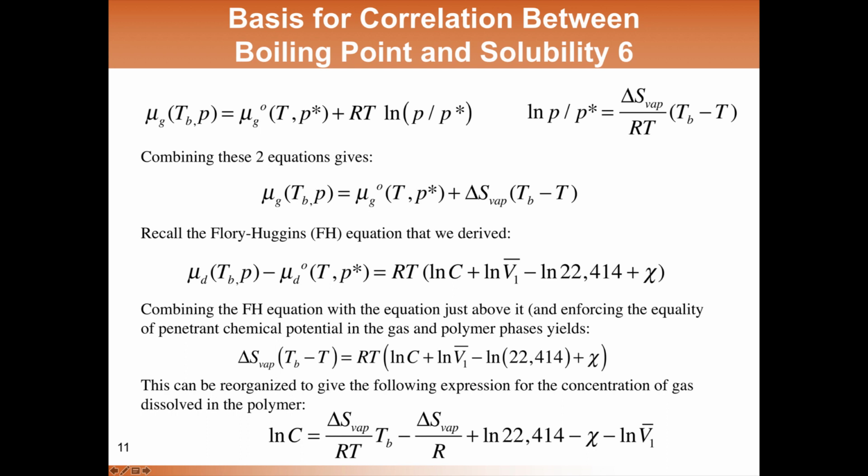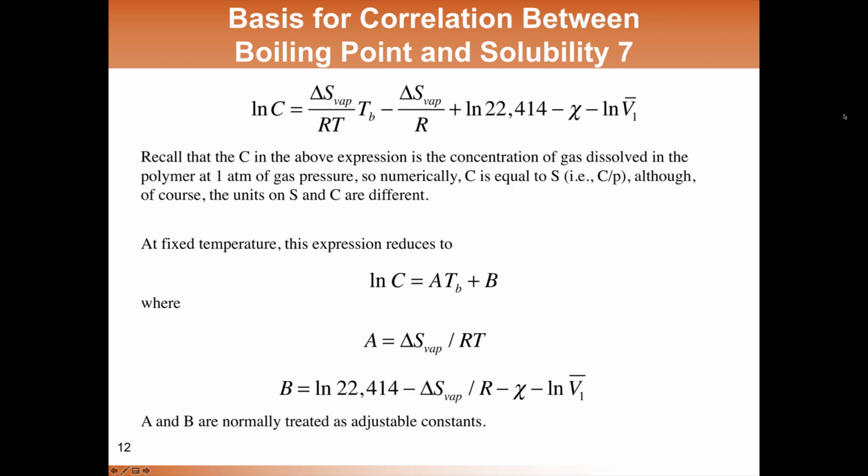And if the delta S of vaporization is approximately constant for a variety of penetrants as they undergo evaporation, then we can see that indeed this would give a linear relationship between the log of the concentration, or log of the solubility of the gas, with a measure of condensability like boiling point, because the rest of these terms would simply be either constant or would vary little from penetrant to penetrant.